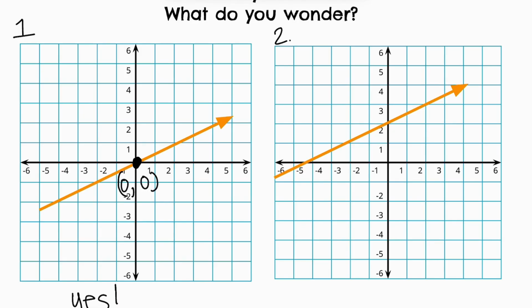On my second graph, my line crosses the y-axis at 2. Does this show proportionality? No, it does not. It does not go through the origin.